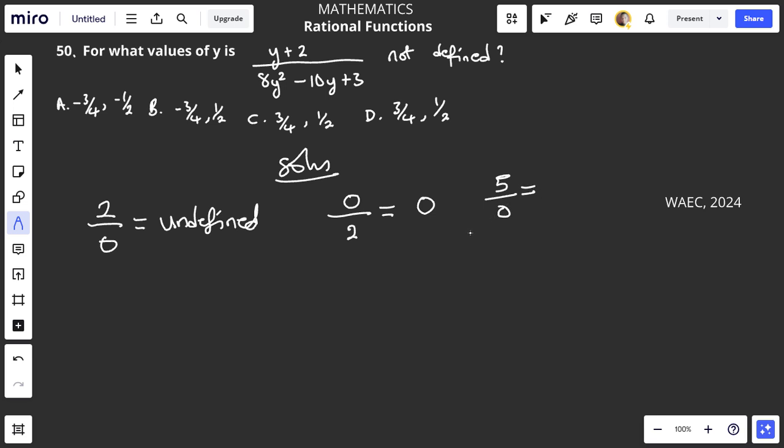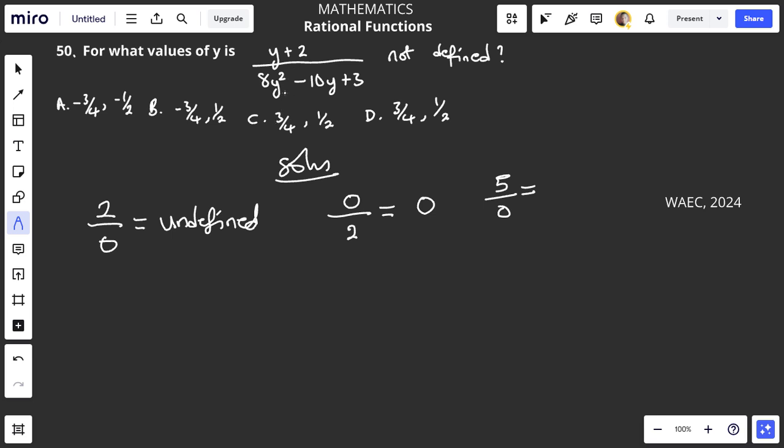So now they ask, for what values of y is this expression not defined? That means what value of y, when you input it into this expression, makes the denominator become 0, thereby making the whole thing undefined.